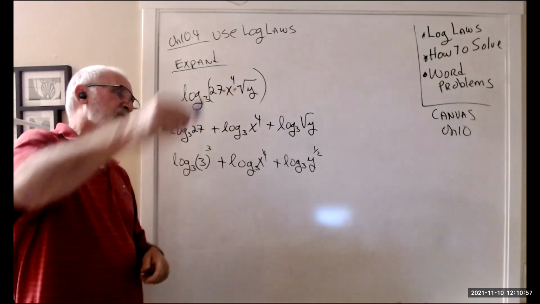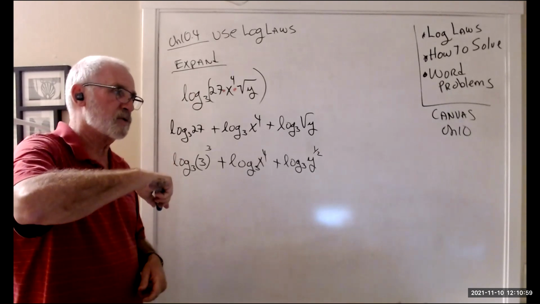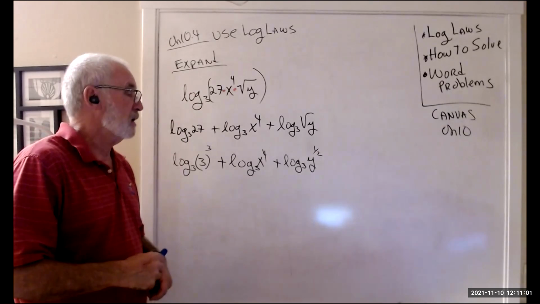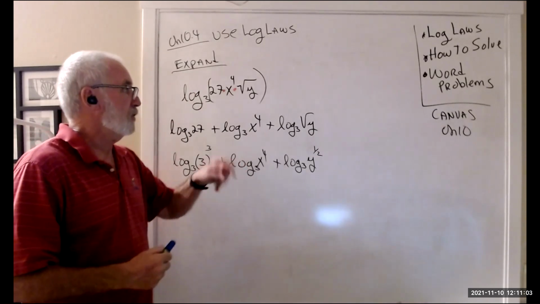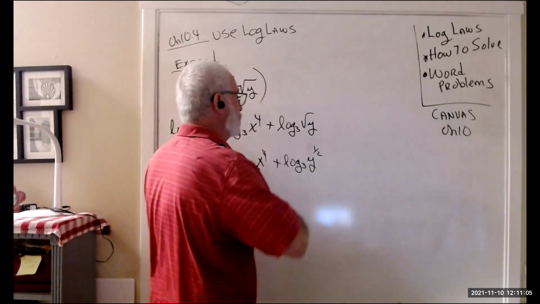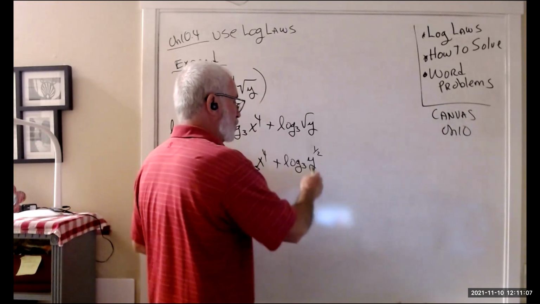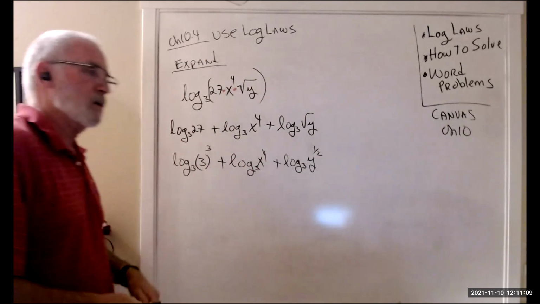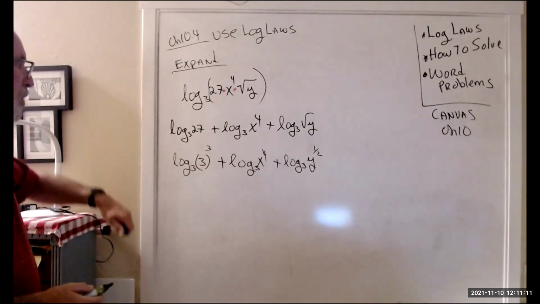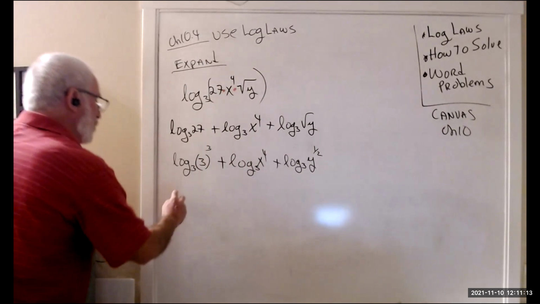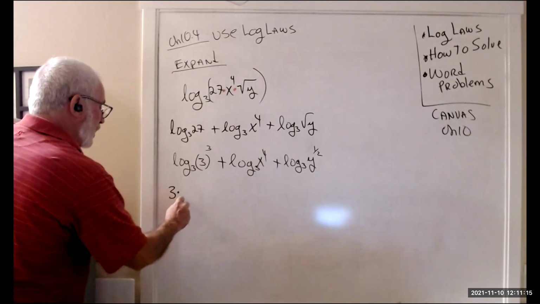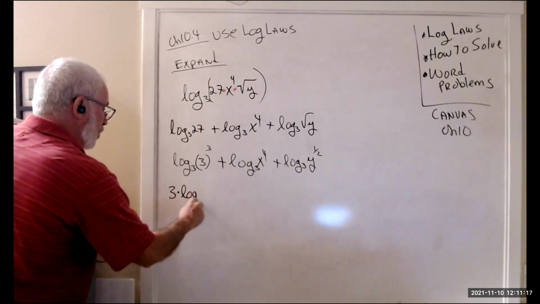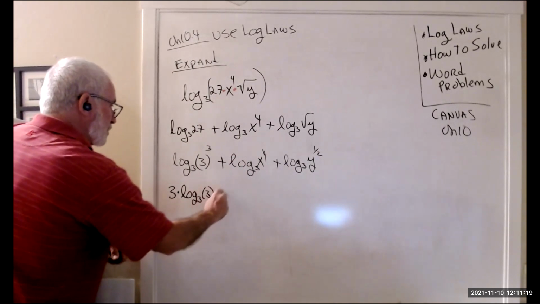Okay, that's left over from chapter 9, and actually chapter 5. The square root of something is also the 1/2 power. Well, why is that so darn important? Because we can move the powers in front. We can use that power rule for logarithms.